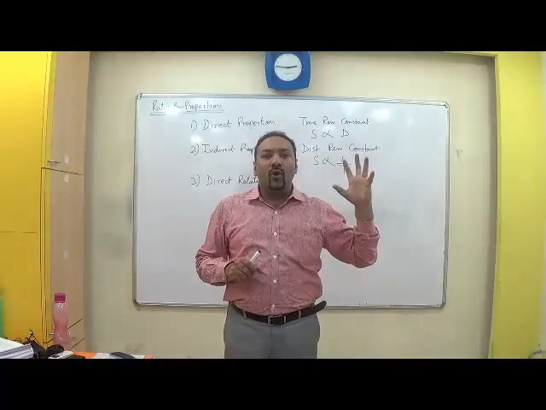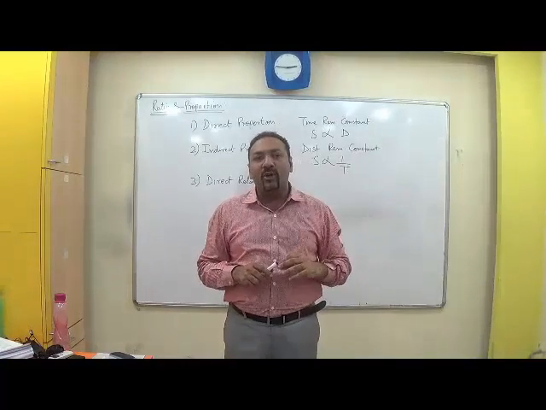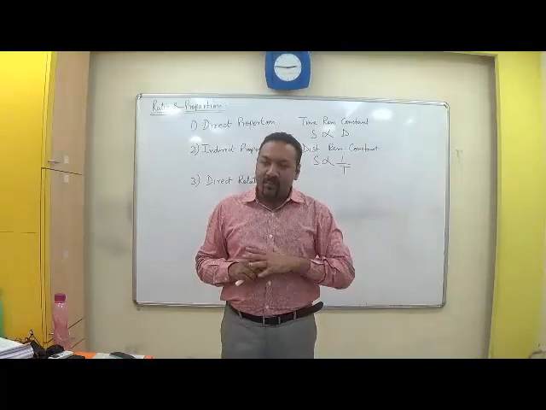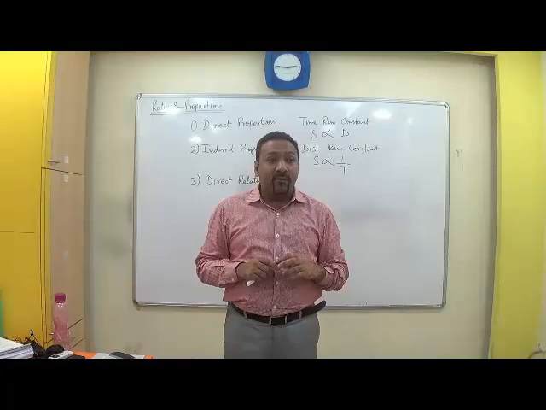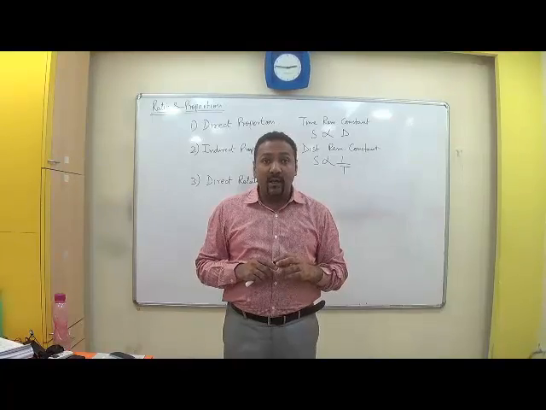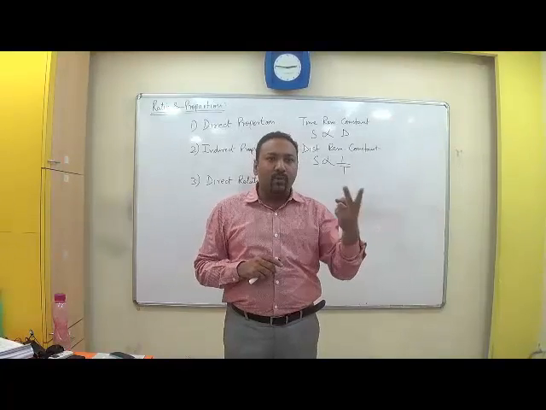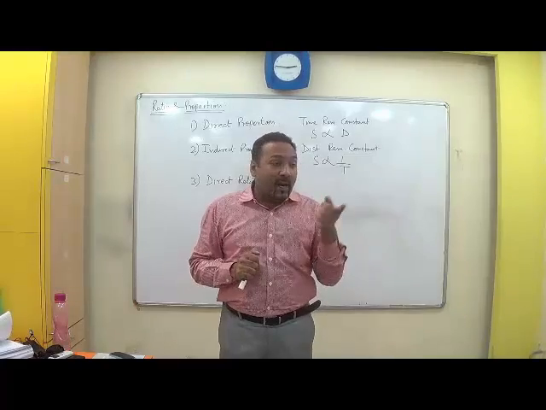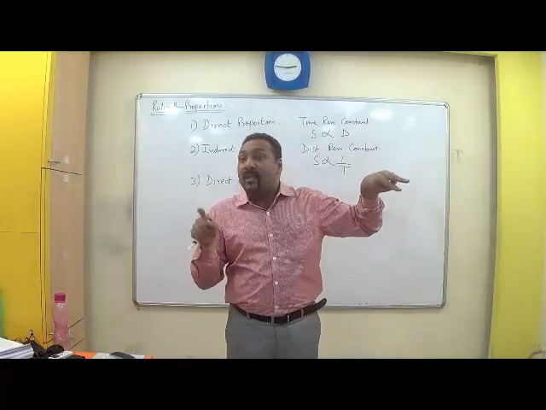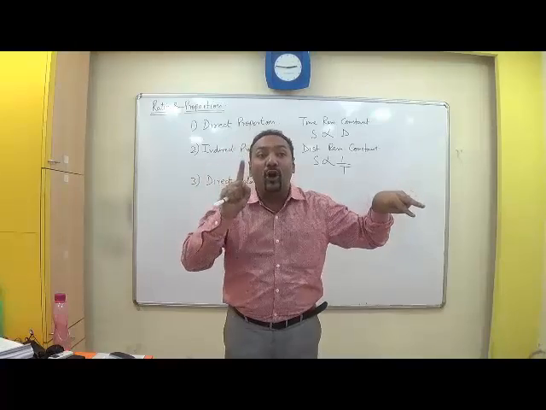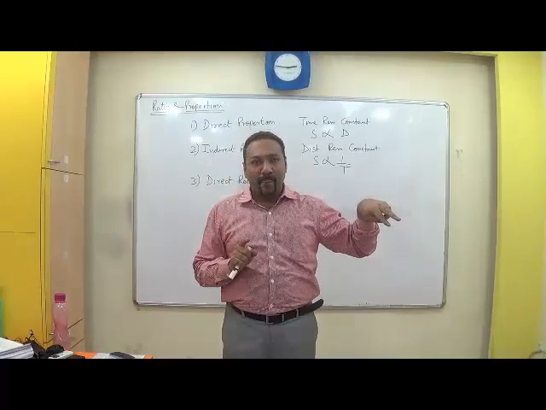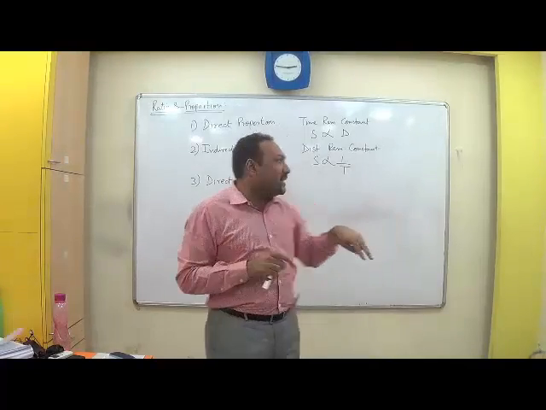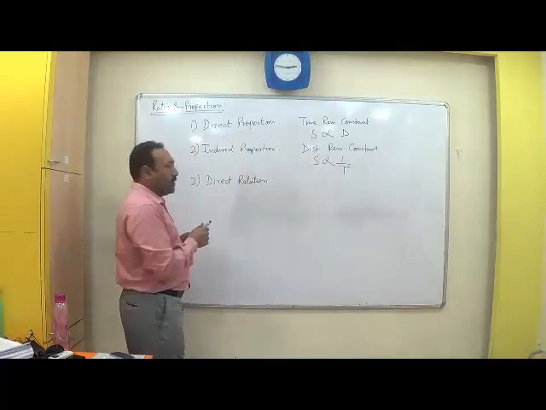If I only go myself, how much do I spend? 30 plus 10, 40. If 2 people go, I spend 50. 30 for the vehicle is fixed, 2 people 20, 50. So what happened? Number of people went double. Expense definitely went up, but not double. Not in the same ratio. Clear? That is direct relation.